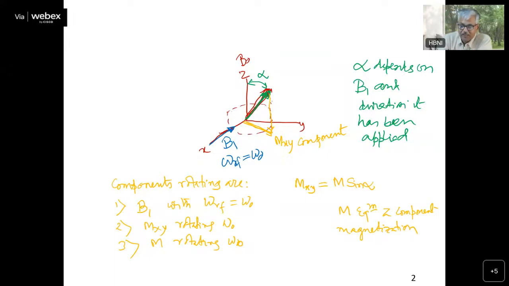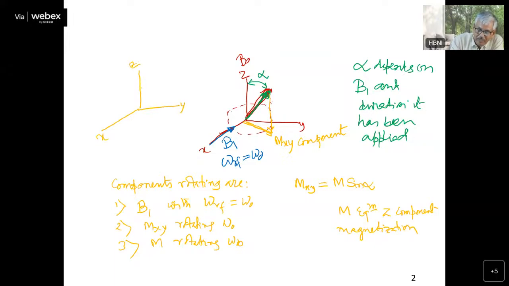Okay. Suppose under this condition, how will the magnetization appear? Let us say you have the magnetization. I will draw it separately. This is your y, this is your x, this is your z.